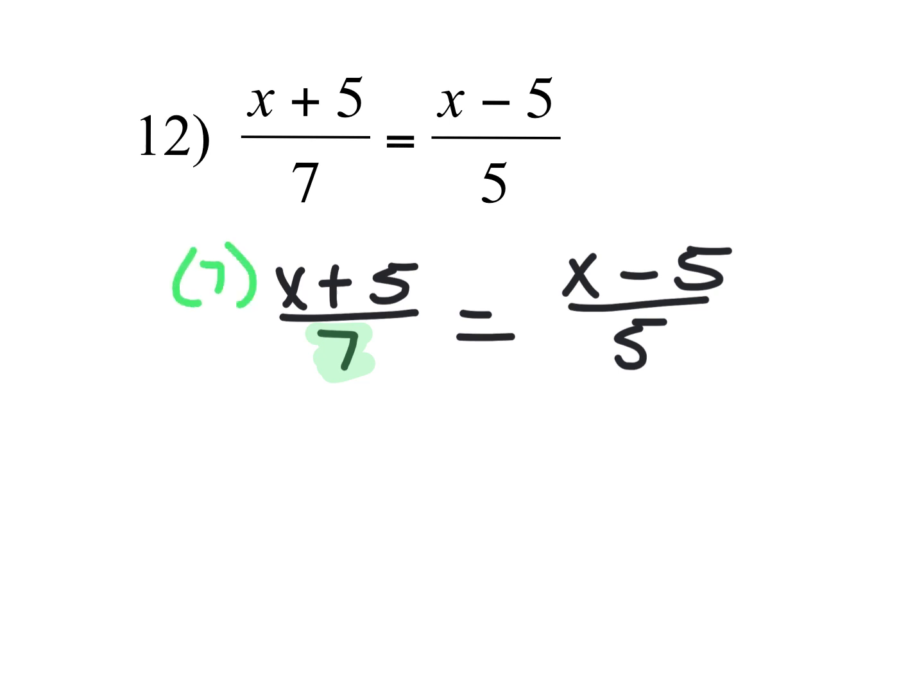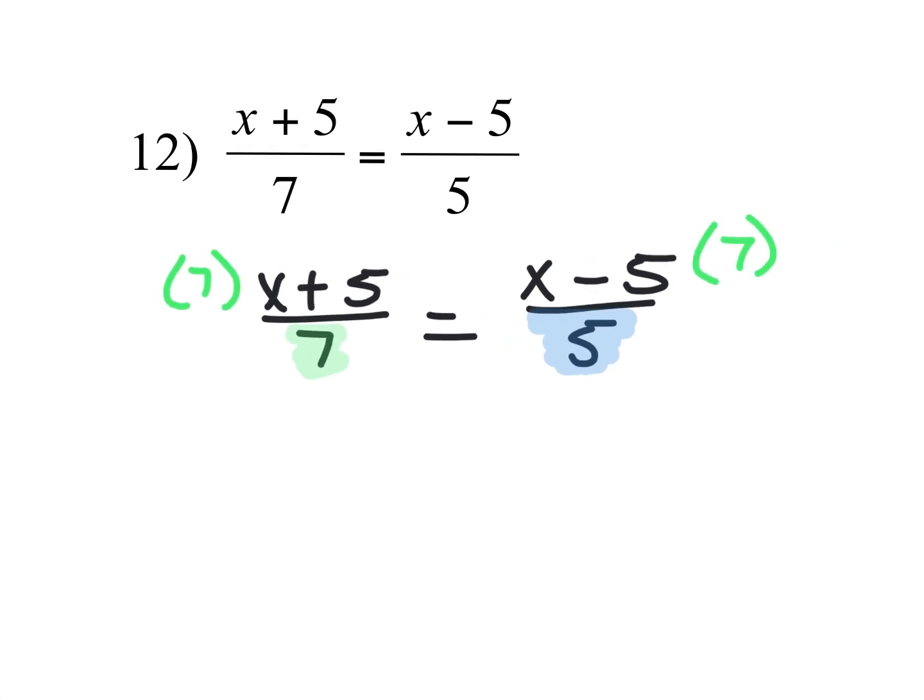You're going to multiply, so I'm going to multiply both sides by 7. I also need to cancel out dividing by 5. The opposite of dividing by 5 is multiplying by 5. So let's cancel everything that will cancel. The 7s will cancel, and those 5s will cancel.